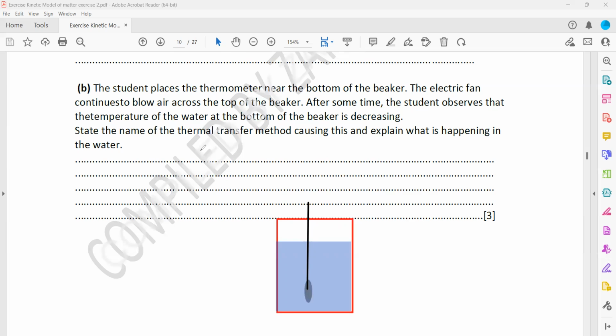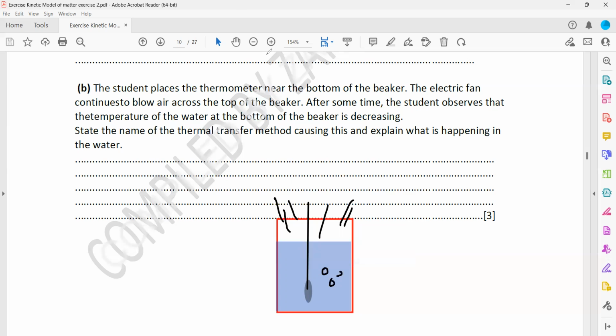When the air blows, what will happen? The most energetic particles will start to escape. As the most energetic particles escape, the particles left behind have low energy. You can mention convection, but mainly it is evaporation. So the most energetic molecules escape, and the particles left behind have low energy.